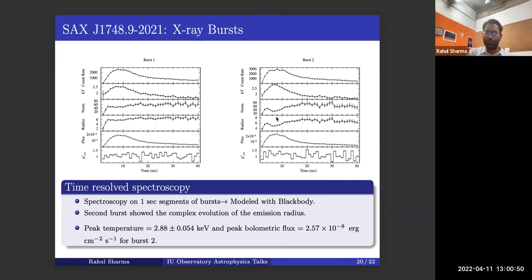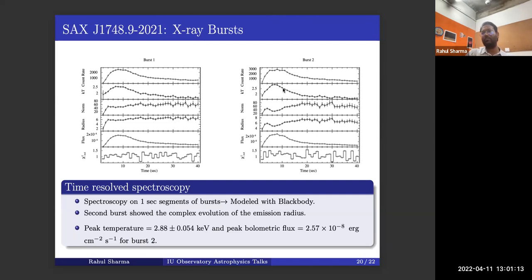So for burst 2, again, we found that this black body emission shows a complex evolution. It started to increase, then decrease, then become nearly constant. While we could not see this kind of behavior in the other burst. Generally, some bursts show this kind of behavior where the temperature increases, then decreases, then again increases.